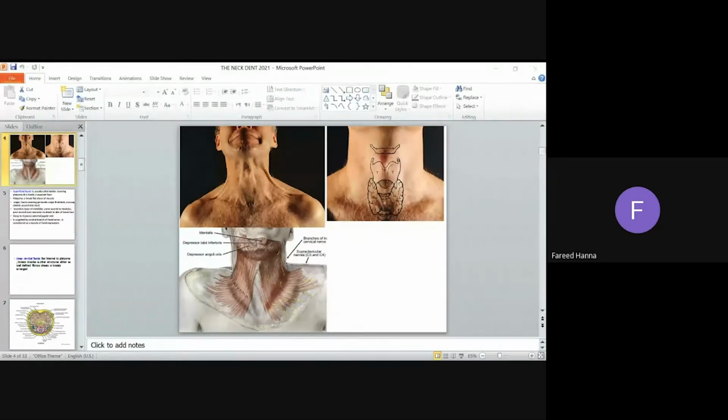These two muscles, you have seen them and studied them. These are suprahyoid muscles, together with the digastric, which is attached by an intermediate tendon to the hyoid bone via a sling. Again, the slice above it, we call it again suprahyoid muscle.